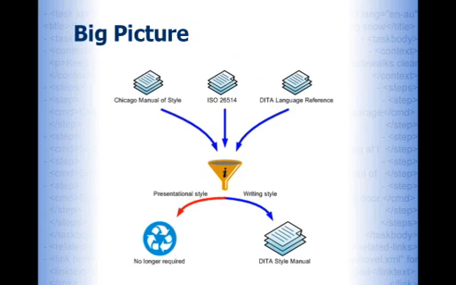Now, this picture or diagram is meant to illustrate, in very broad terms, how the structure of the style guide came together, or how the content was selected, I guess. And I've said there that there were probably three main sources for the DITA style guide, and one was Chicago, or something like that.